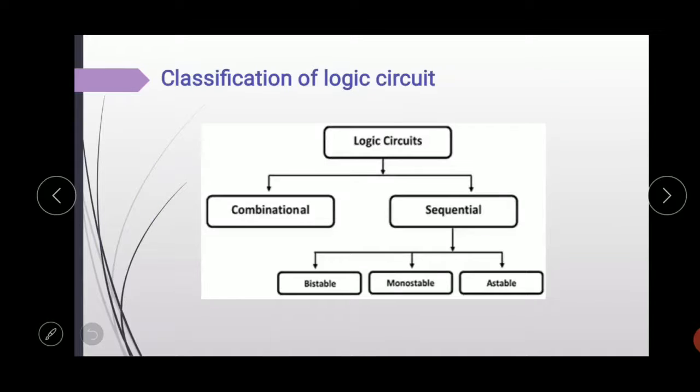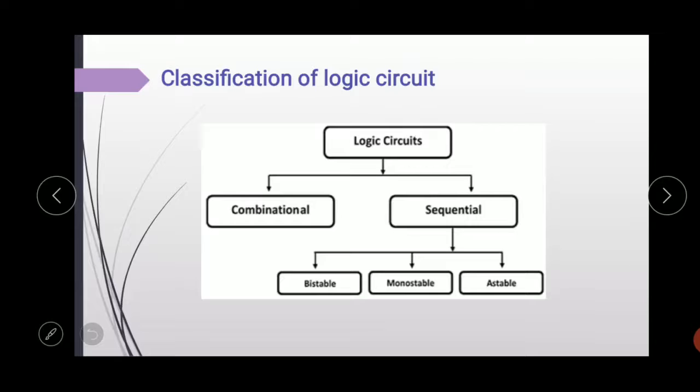So, first we discuss the classification of logic circuits. Logic circuits are divided into two categories, that is combinational and sequential circuits. In combinational circuits, the output depends only on the present input, meaning whatever input is given, accordingly we get our output.